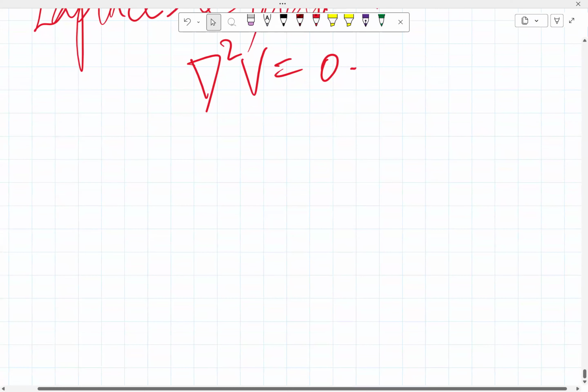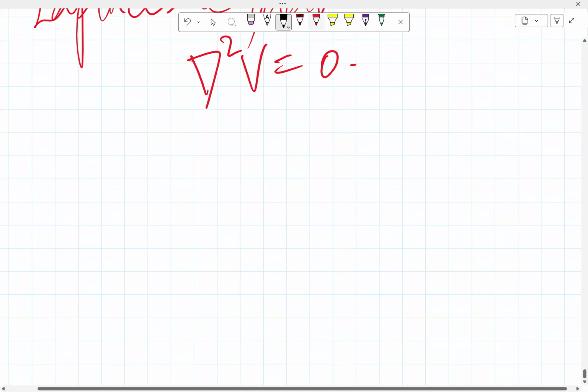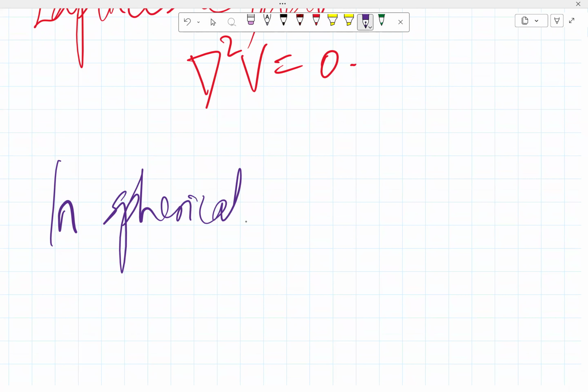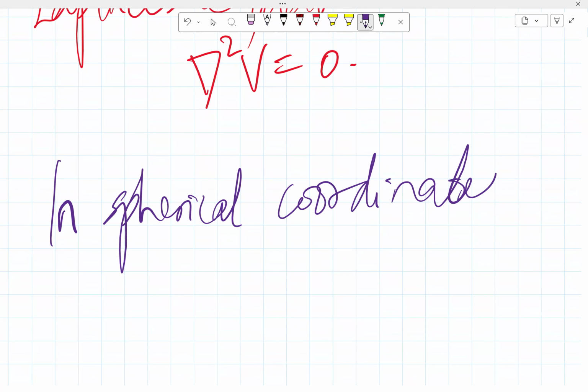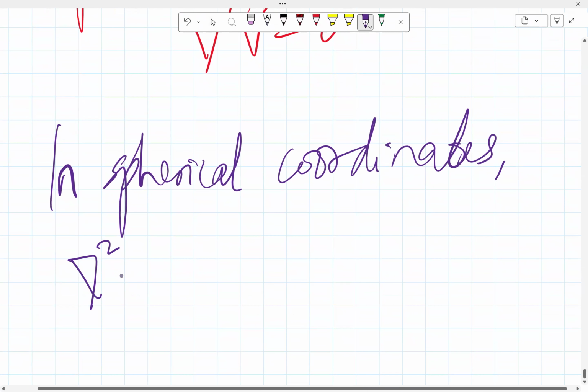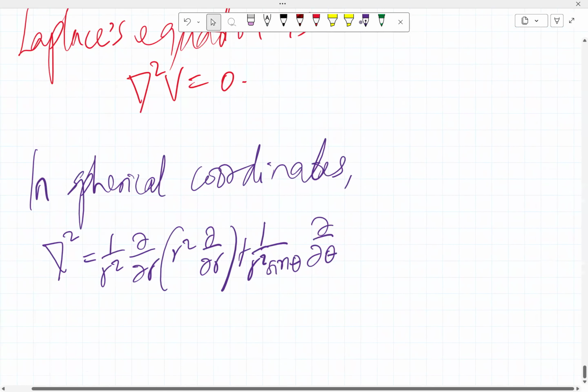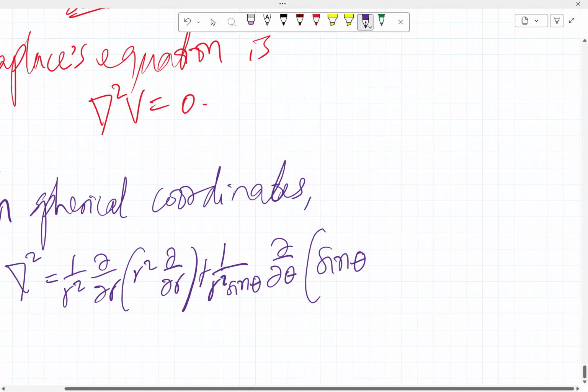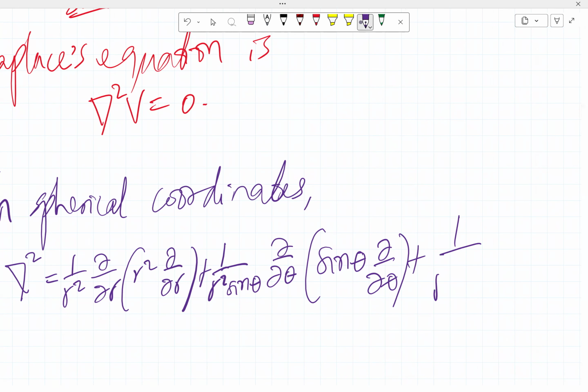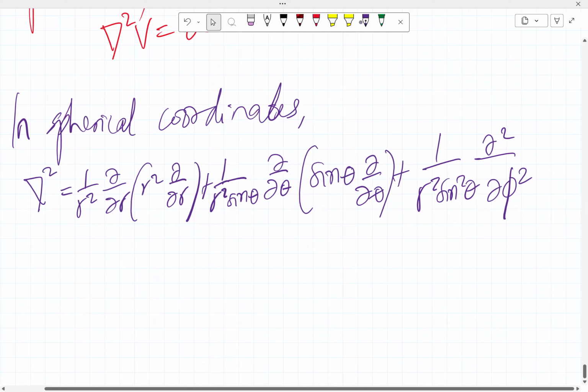And then we know that in spherical coordinates, del squared is equal to 1 over r squared d/dr into r squared d/dr, plus 1 over r squared sine theta d/d theta into sine theta d/d theta, plus 1 over r squared sine squared theta d squared/d phi squared. We have all of this in spherical coordinates.